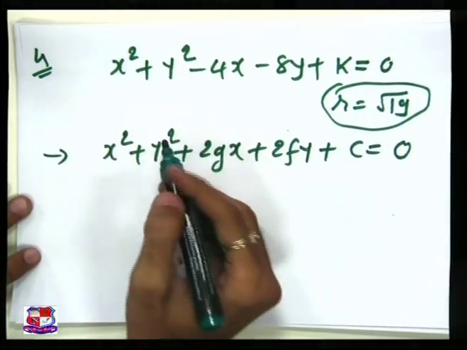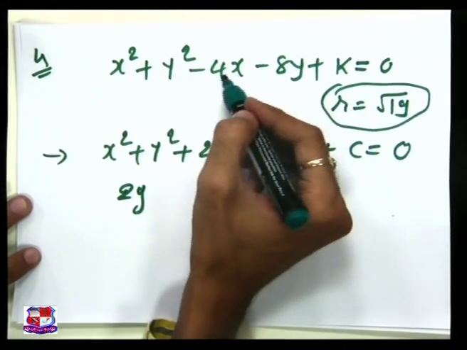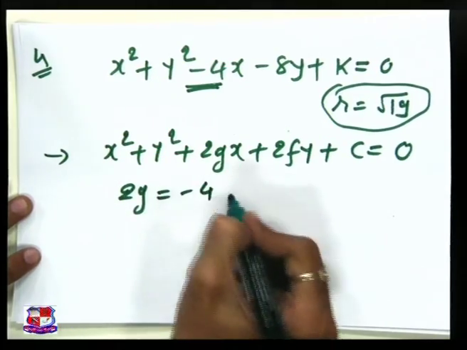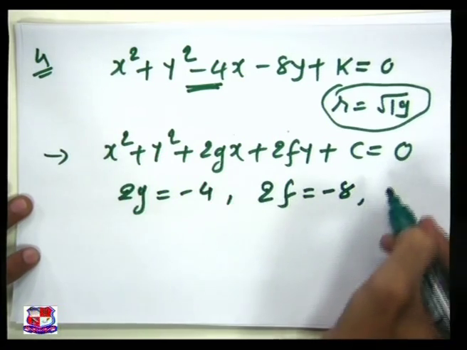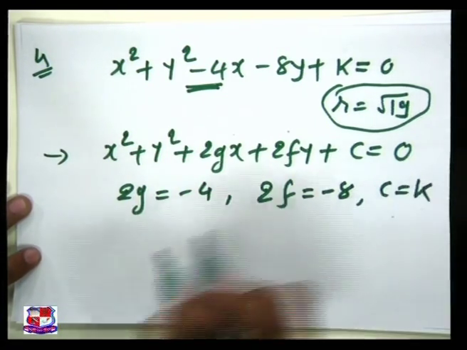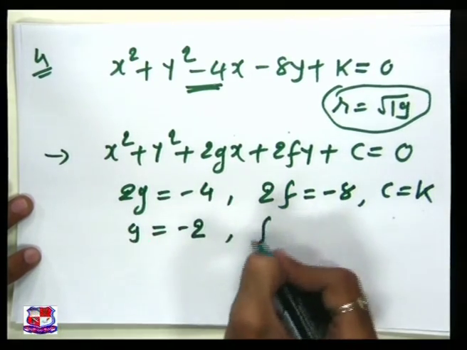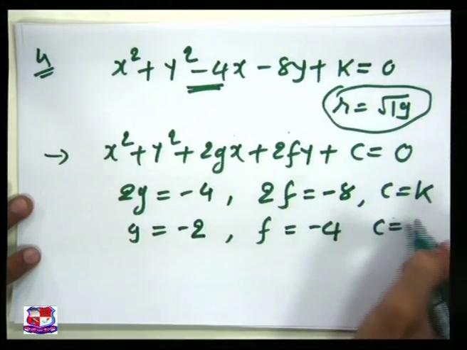And here 2g, which is the coefficient of x, is equal to minus 4. So 2g is equal to minus 4. 2f, in the same way, is equal to minus 8, and c is equal to k. So here g is equal to minus 2, f is equal to minus 4, and c is equal to k.